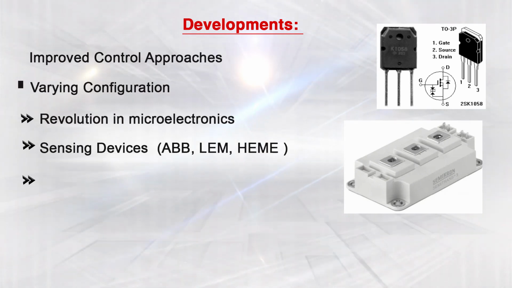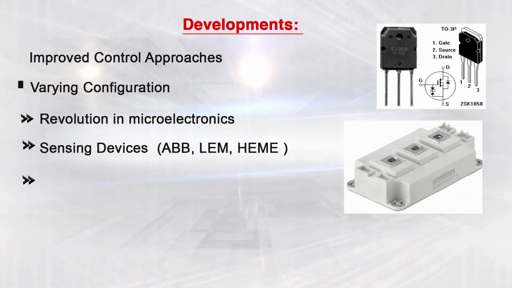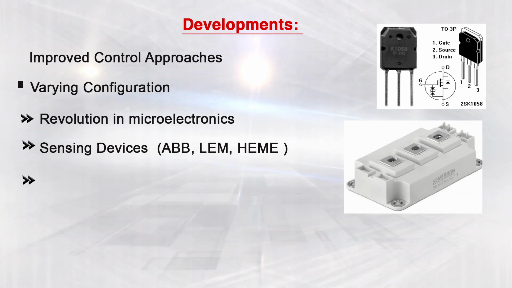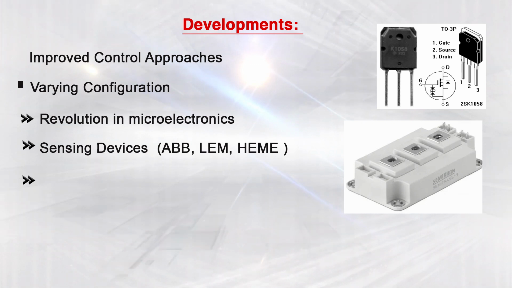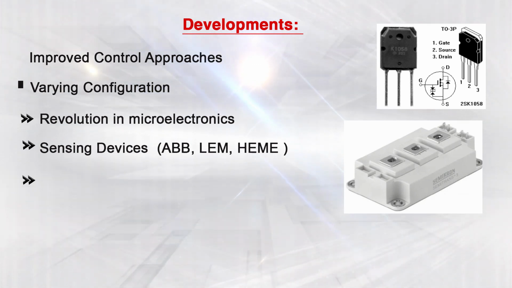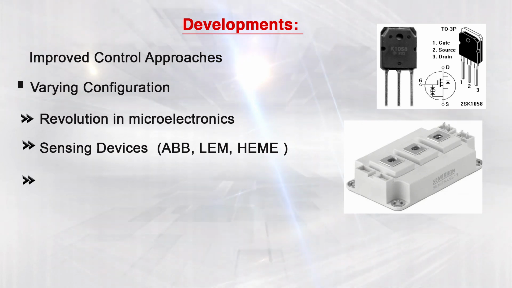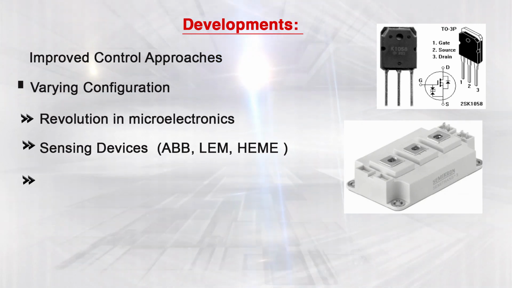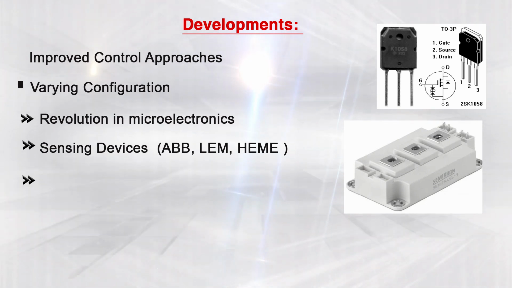Another development requires improved control approaches. Here people are using various adaptive control and closed loop control, so that they can address DC bus voltage regulation as well as regulation of battery current, if we are talking about EV applications.